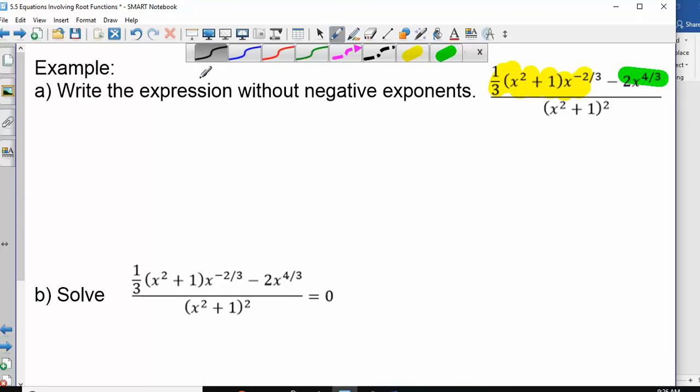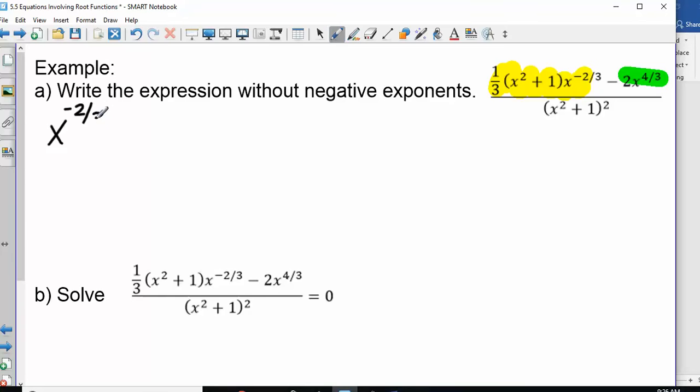So we start out. What could I pull out of those terms? x to the negative 2/3. You take out your smallest exponent. So if I take that out, I have a 1/3 x squared plus 1. I took out that x minus 2. Okay, when you factor out, you subtract exponents. What's 4/3 minus negative 2/3? 2.